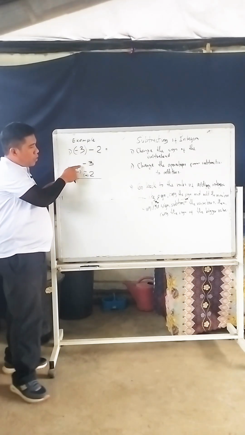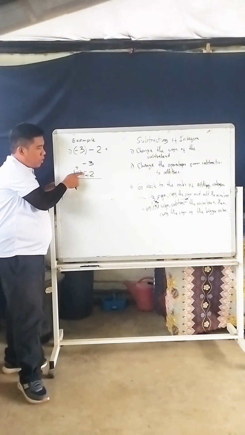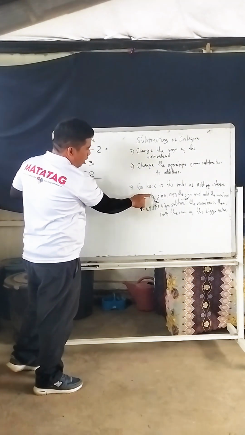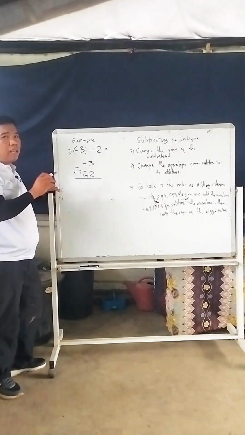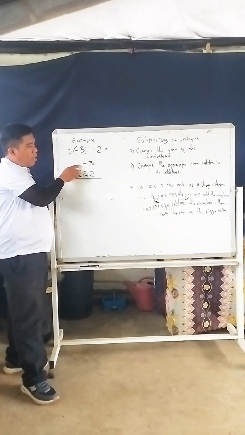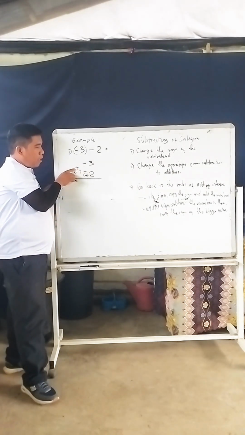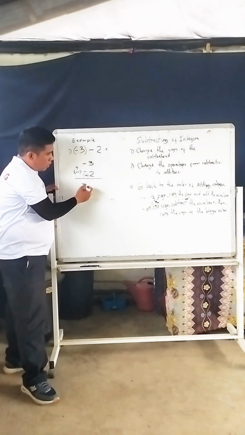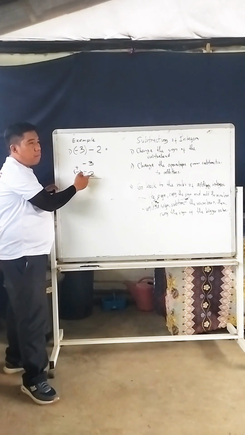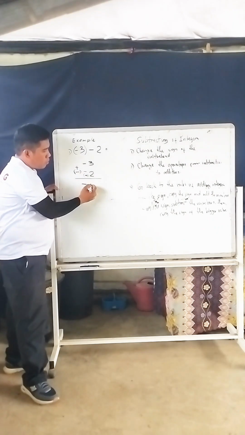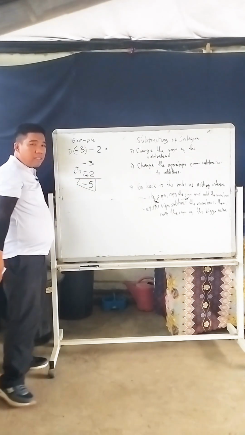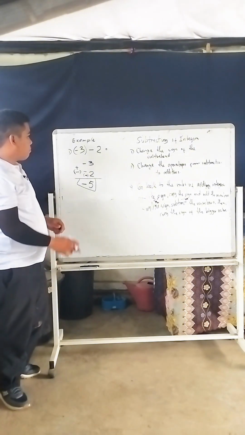So since we have negative 3 and we have negative 2 now, we're going to use like sign: copy the sign and add the numbers. So we have negative 3 plus negative 2. All we need to do is to copy the negative sign, then add the numbers. So 3 plus 2, that is 5. So the answer here is negative 5.